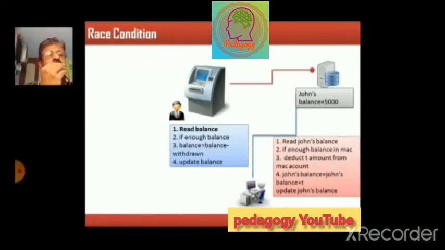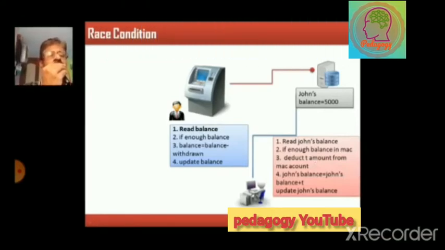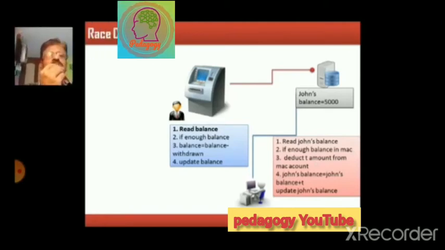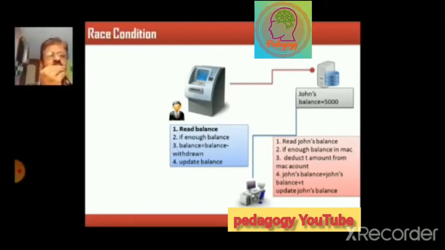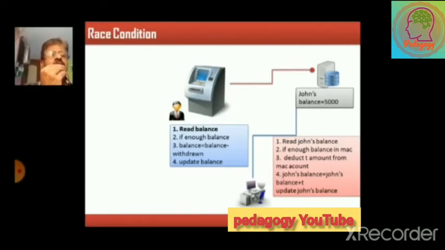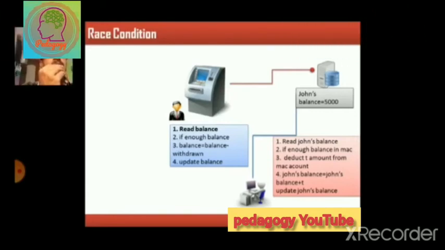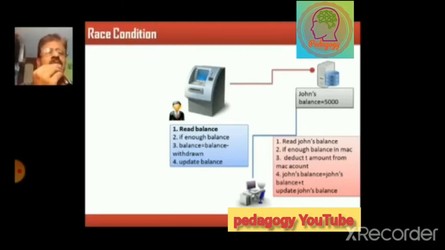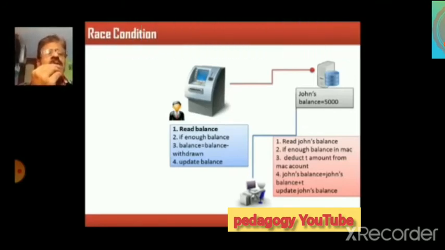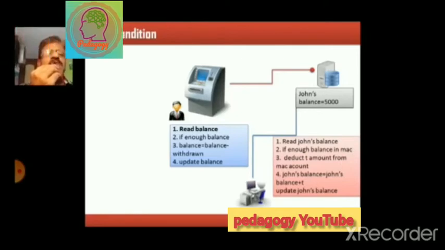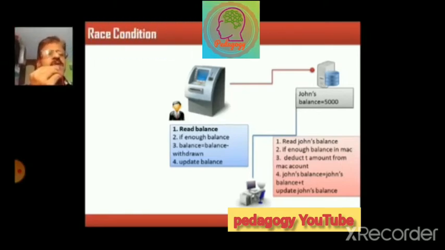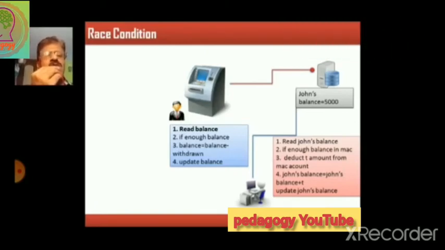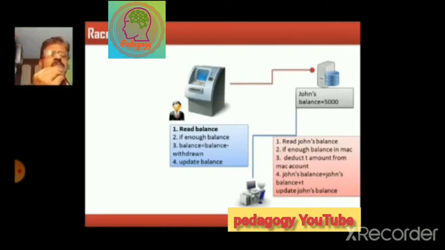And at the same time, another person wants to deposit some amount in John's account. Whenever John accesses the ATM counter, the operating system first fetches the information from the DBMS and reads the balance. If there is enough balance, then balance is equal to balance minus withdrawal, and it updates the balance.